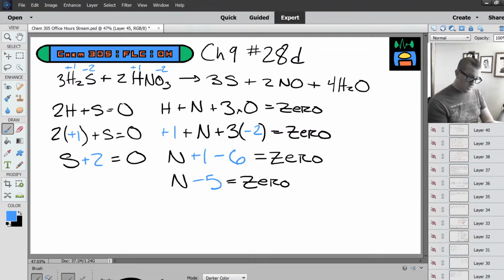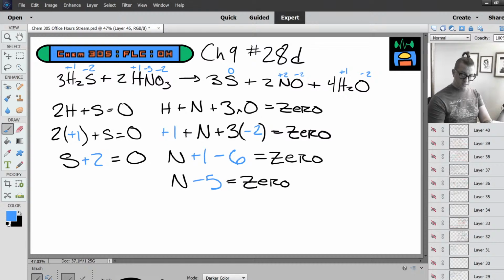So nitrogen will have an oxidation state of +5. Now looking at the products, sulfur 0. With nitrogen and 1 oxygen, oxygen's still more electronegative, so it'll be -2. This means nitrogen, to balance with it, is a +2. Hydrogen is +1 in water, and oxygen is -2 to balance.